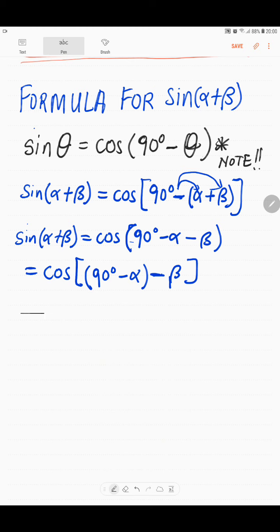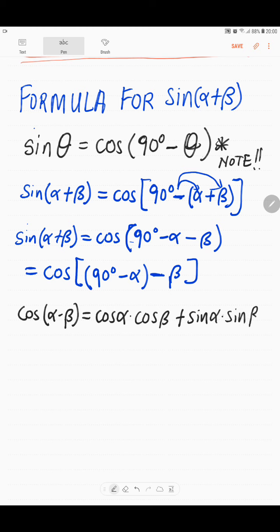And if we remember the very first one, let's quickly remind ourselves, it's cos alpha minus beta is equal to cos alpha by cos beta plus sine alpha by sine beta.